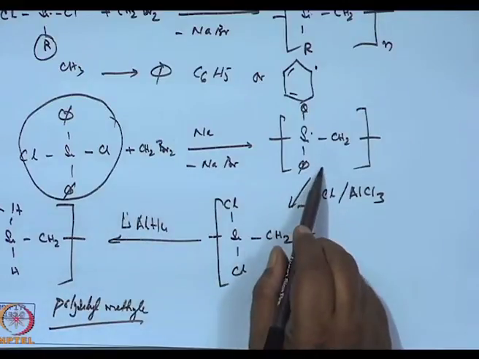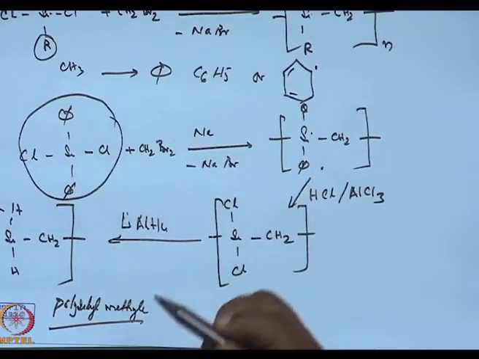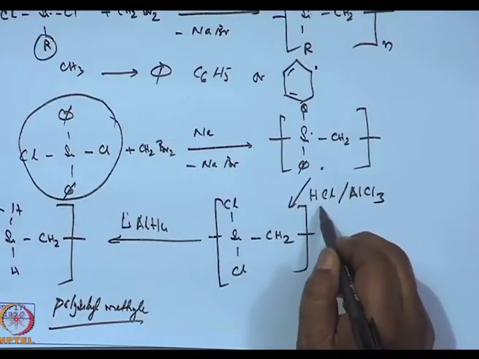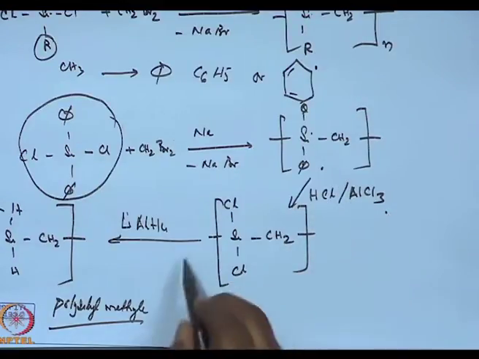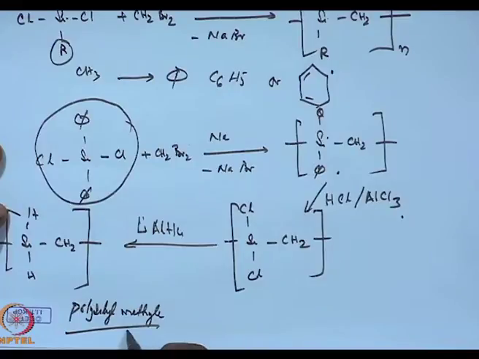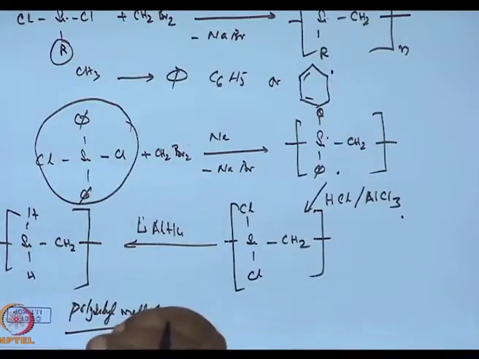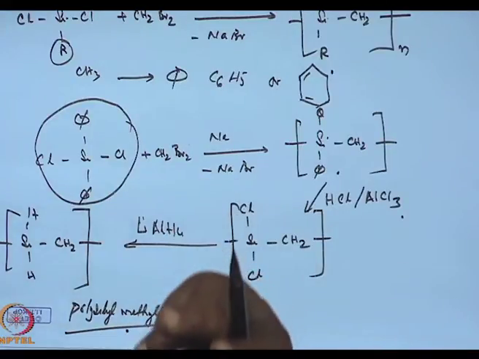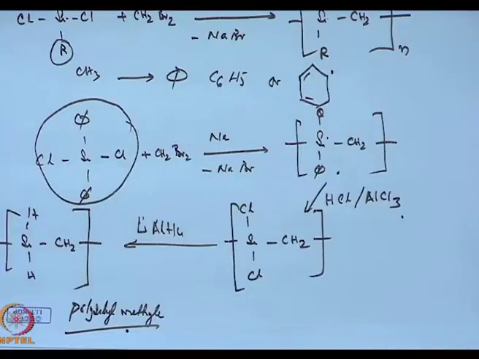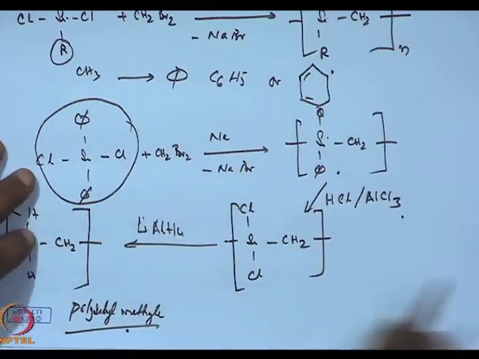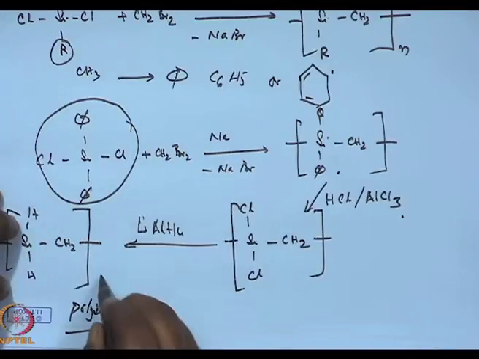We got this particular compound. Then the standard reactions with HCl-AlCl3 and LiAlH4 give us this polysilyl methylene.